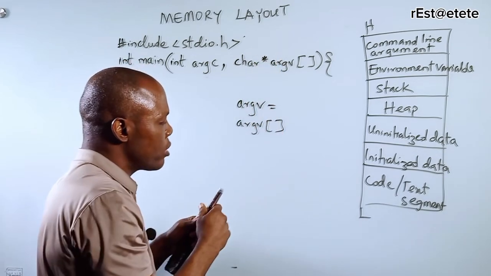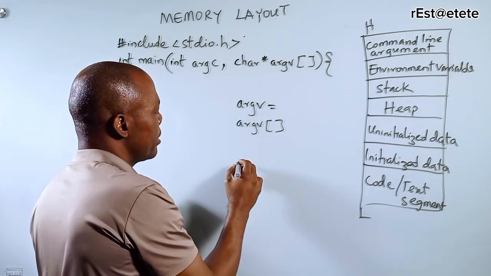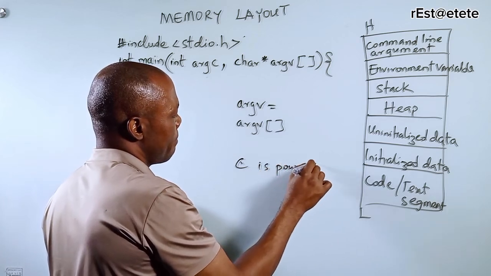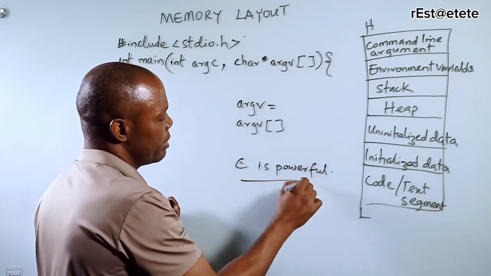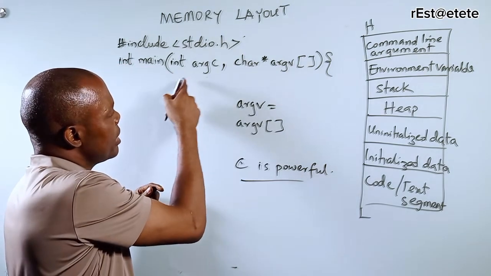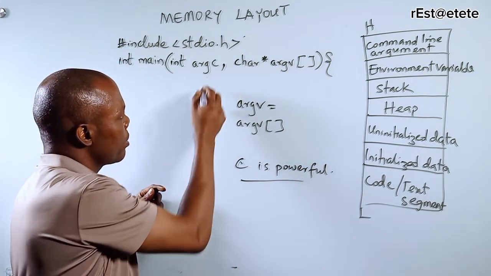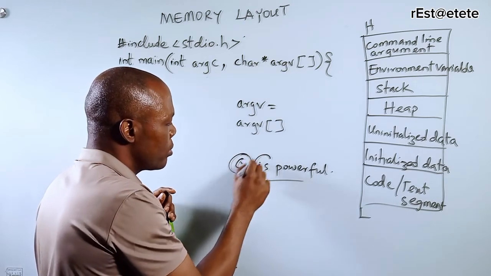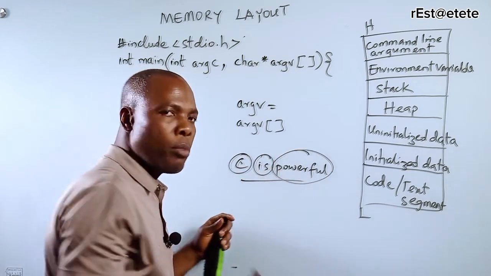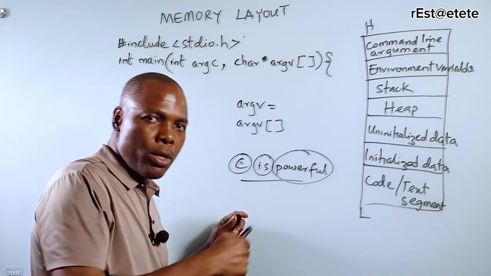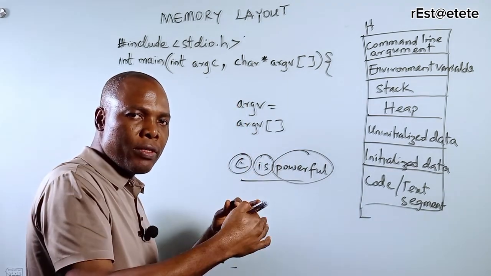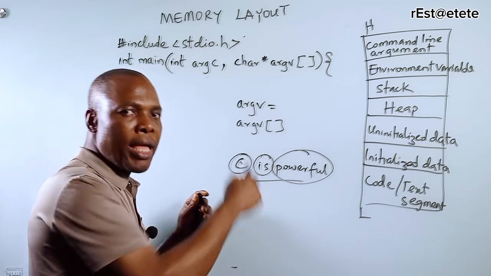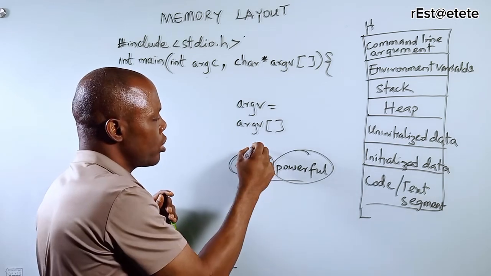So if I supply something like C is powerful, this is my argument. What would argc return? It will return the counter, so the counter will be 1, 2, 3. But the program name, when you write your source code, you save it with a name. So that program name is the first parameter supplied, so it will return 4.